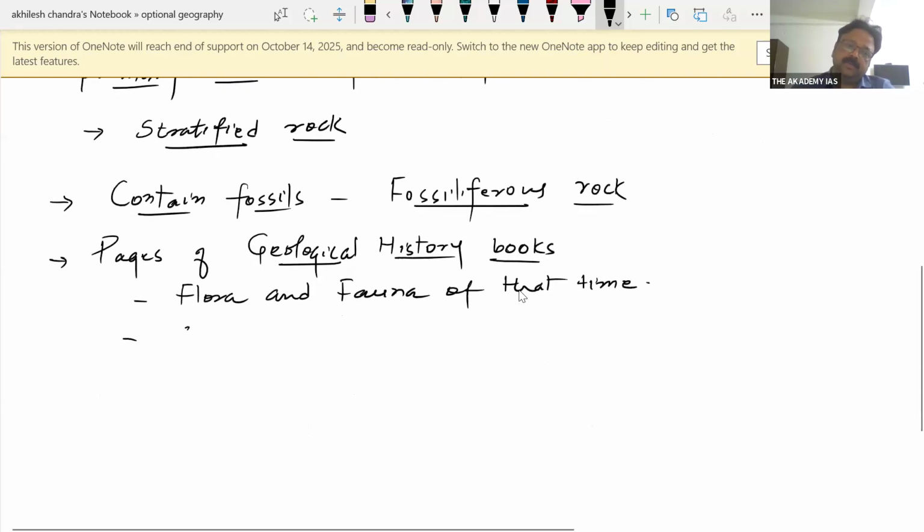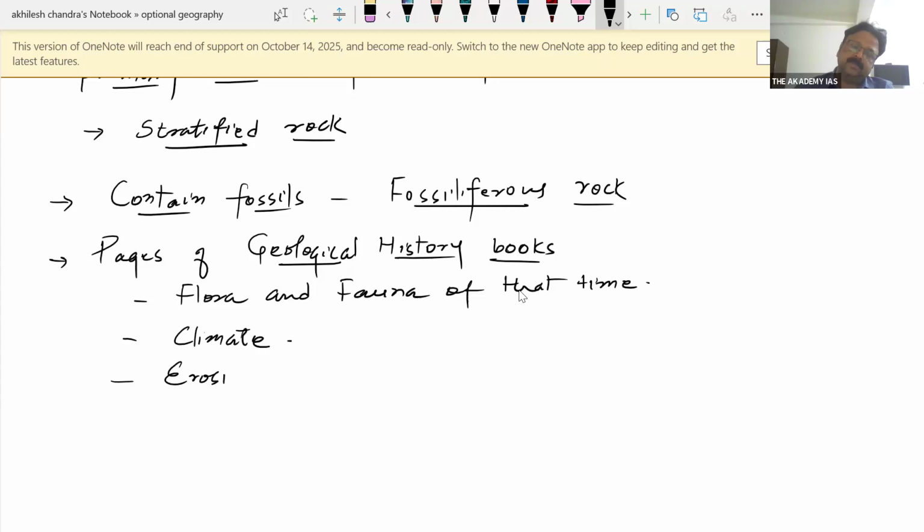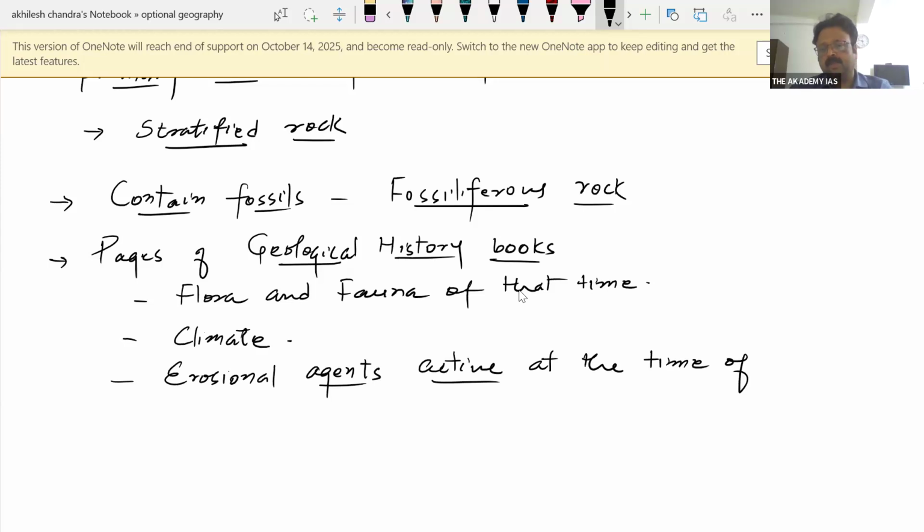They talk about the climate, prevailing climate, and they also talk about the erosional agent active at the time of formation of sediment.